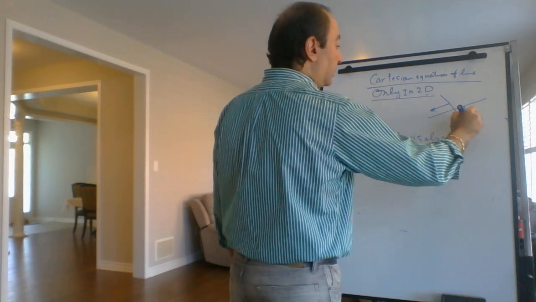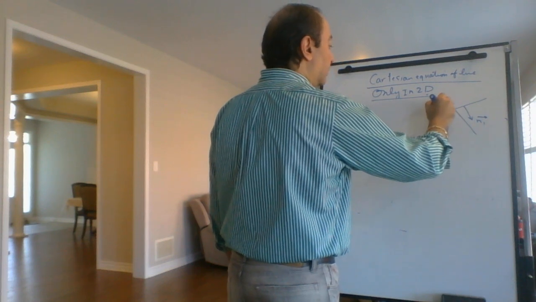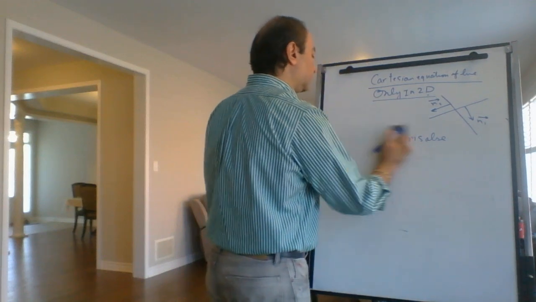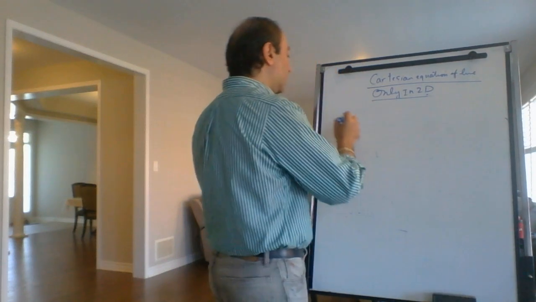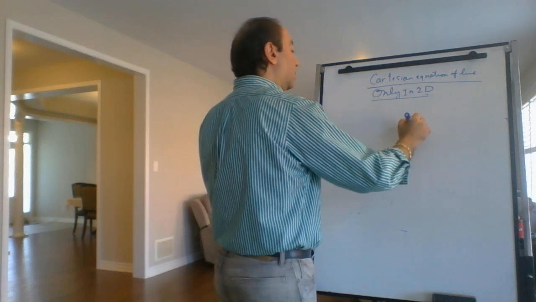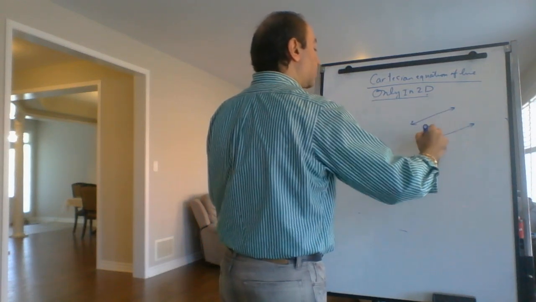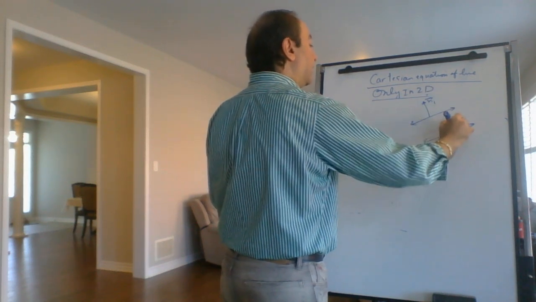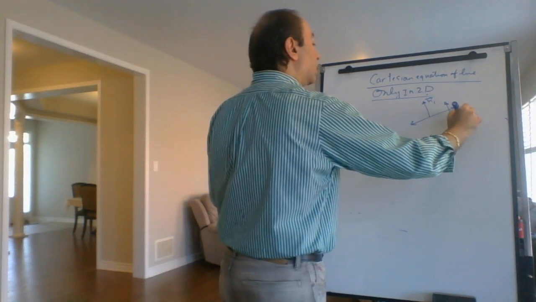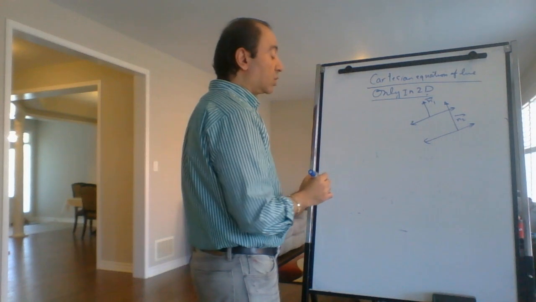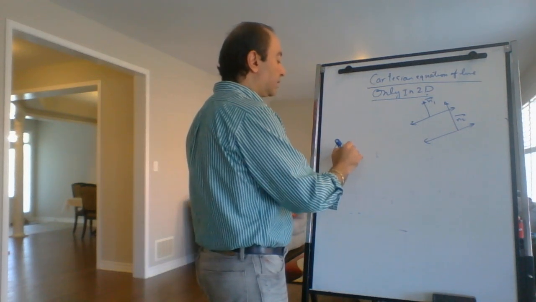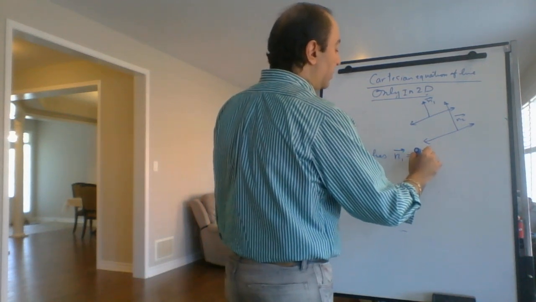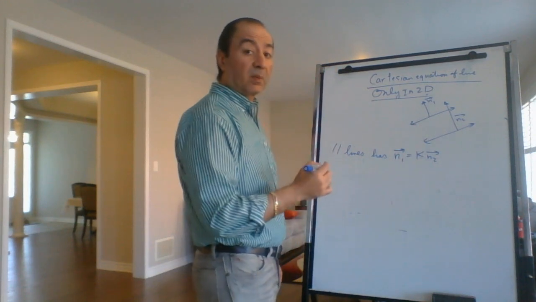It will be n1 and n2, the same thing. The third thing: if these are two parallel lines, n1 and n2 must be scalar multiples of each other. Parallel lines have n1 equal k times n2. Scalar multiple.